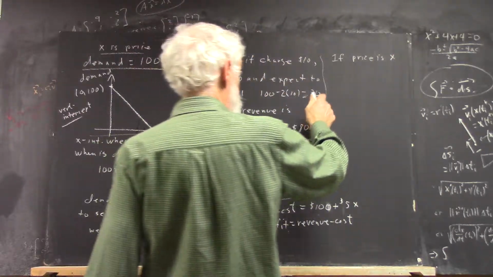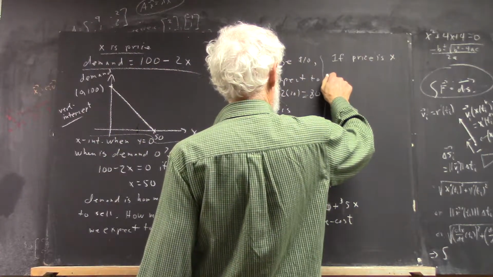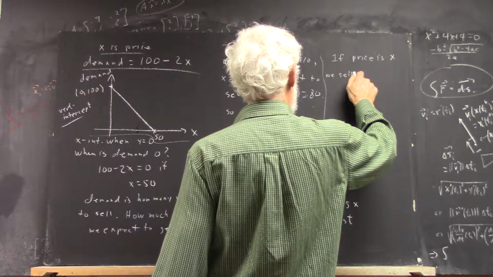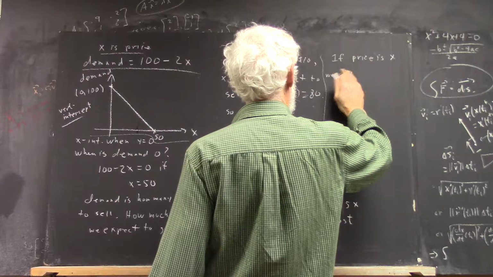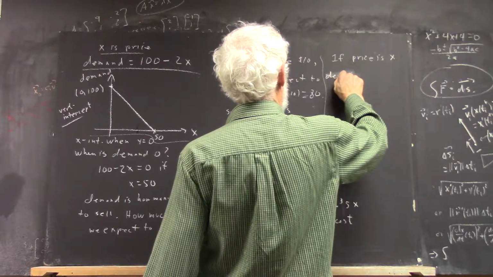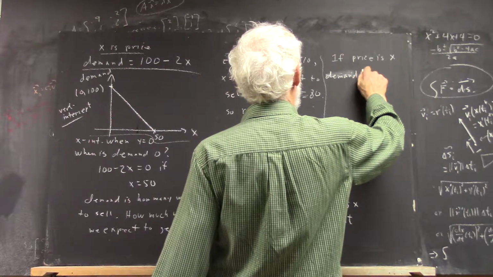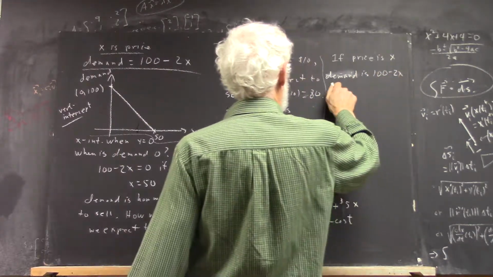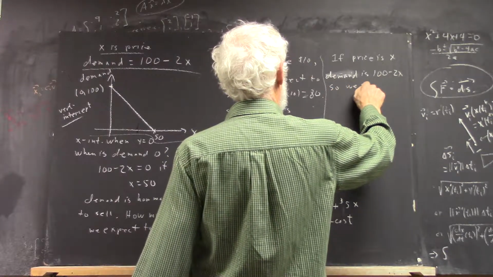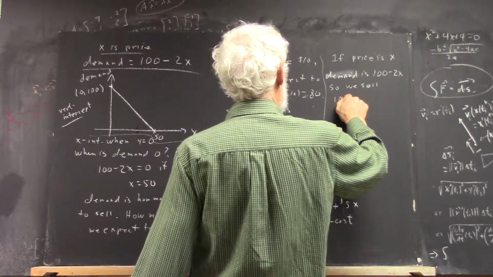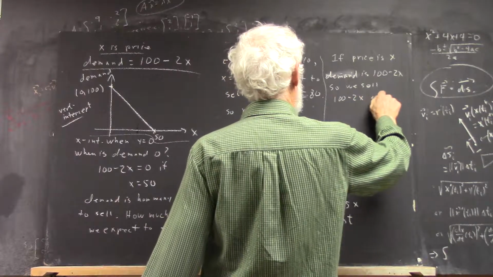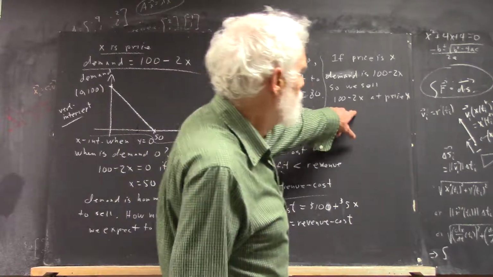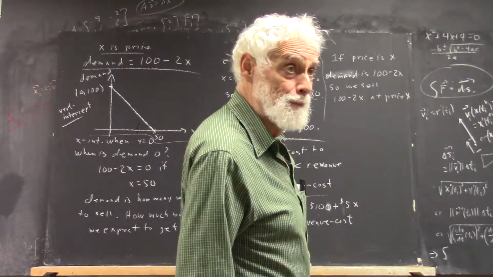If the price is x, I'm going to use the word demand. The demand is 100 minus 2x. So we sell 100 minus 2x of the thing at price x.